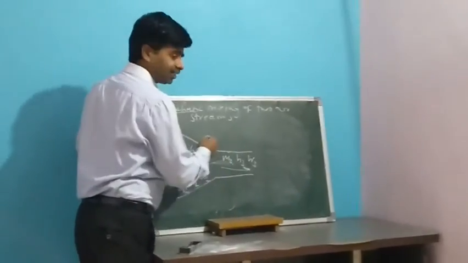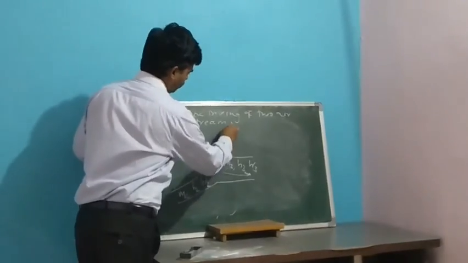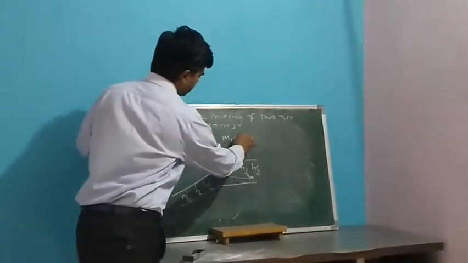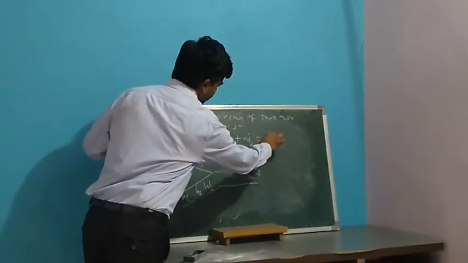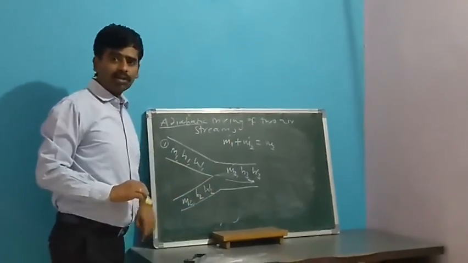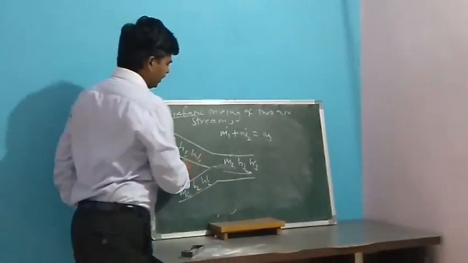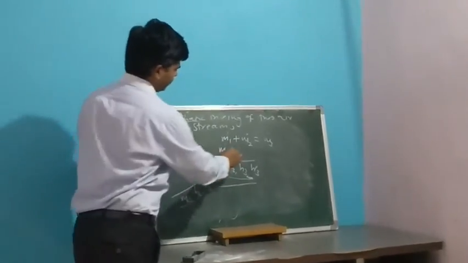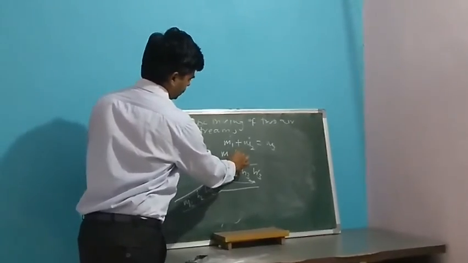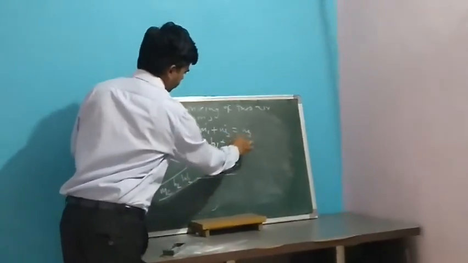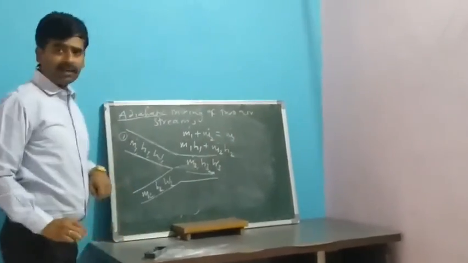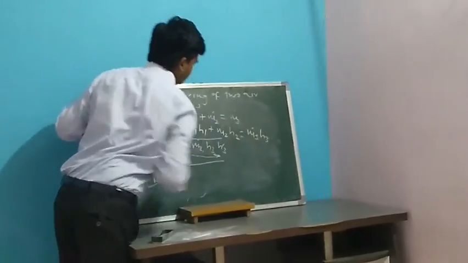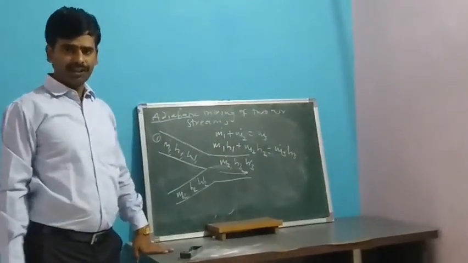So I am writing the mass balance equation. According to conservation of mass, m dot 1 mass flow rate of air gets mixed with m dot 2 and we get a mass flow rate of m dot 3. Similarly, the enthalpy balance we can write very simply: m dot 1 with enthalpy H1, plus m dot 2 with enthalpy H2, is equal to m dot 3 with the enthalpy of the mixed air, H3.